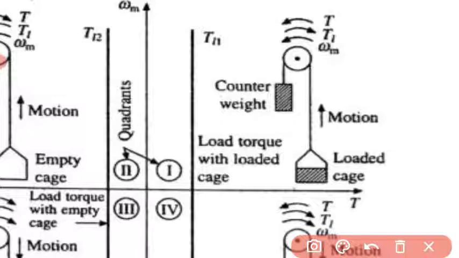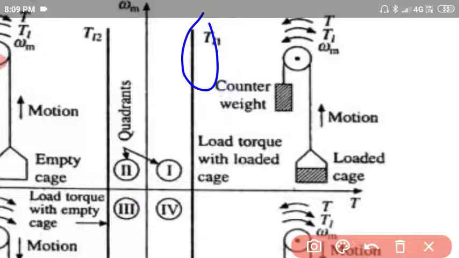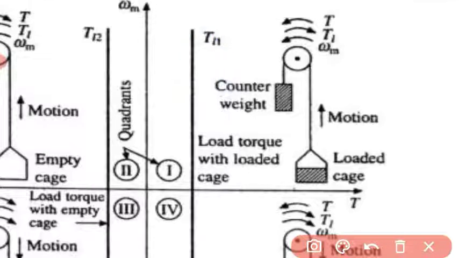Here the load torque will be shown in the first quadrant, and if the motion is upward, it will be considered positive. Let us discuss the quadrant diagram, how it works.